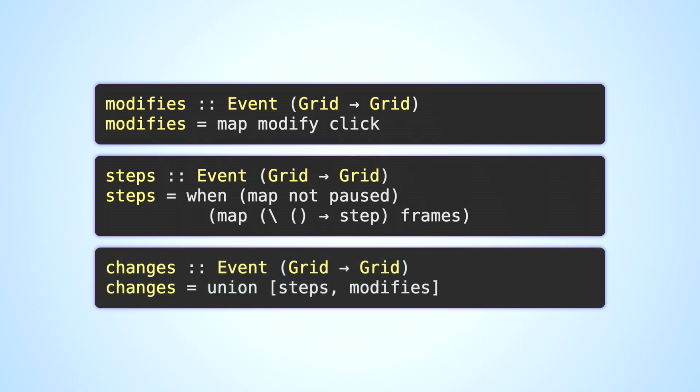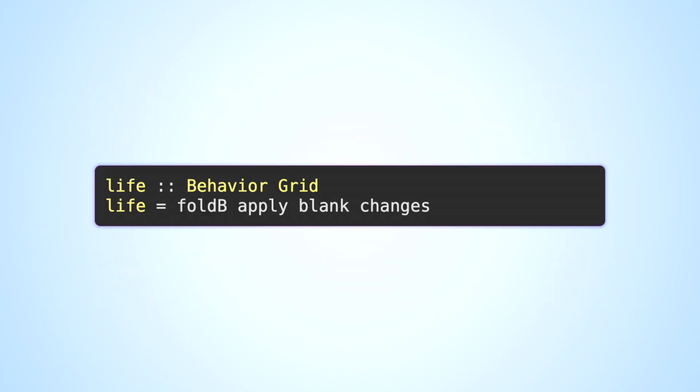And then finally, in order to combine all of these together, well, we can just take two streams of events and union them. And so now we have a single stream that represents every single change we want to do to our game. And then finally, we just take this stream and we turn it into a behavior that represents the actual value of the grid by, again, folding it into a behavior.